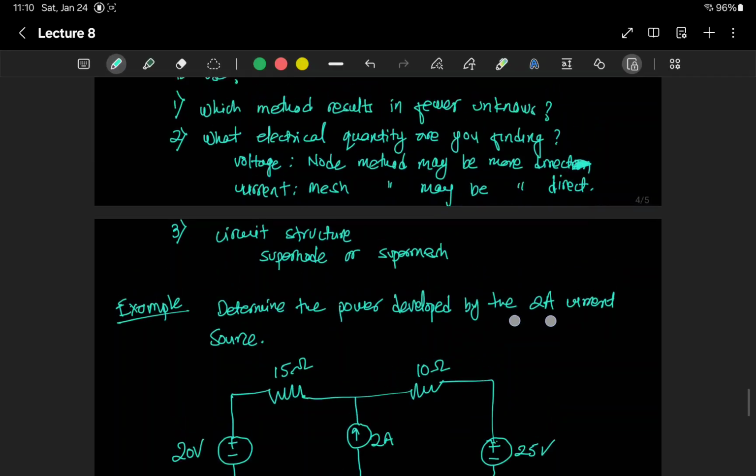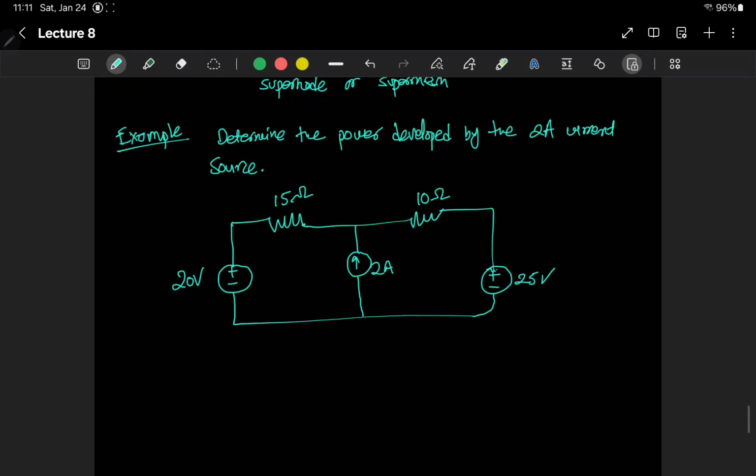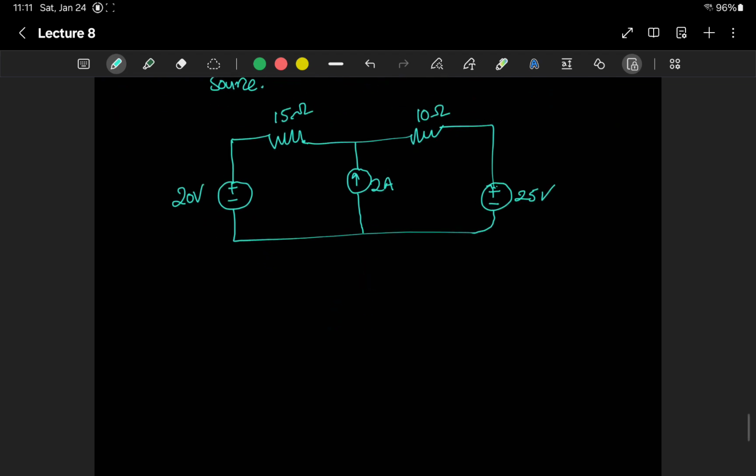Let's go through the points from earlier. The first question to ask is, which method results in fewer unknowns? Let's say we are going to use the node voltage method. Let me make another circuit diagram to compare node voltage versus mesh current.